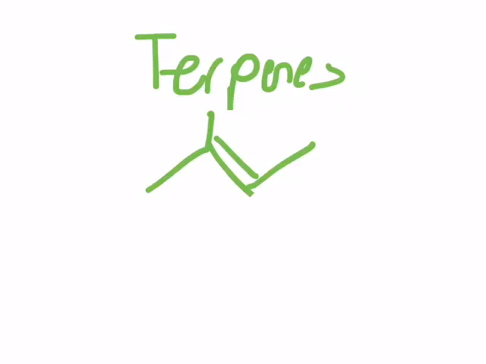So limonene is known as a monoterpene, and then we have humulene. These are sesquiterpenes, which have 3 isoprene units. Monoterpenes have 2 isoprene units. Diterpenes have 4 isoprene units, and then so on.